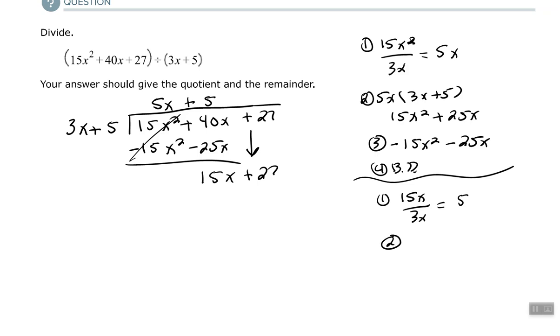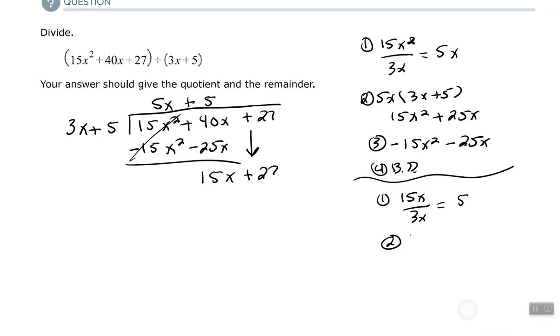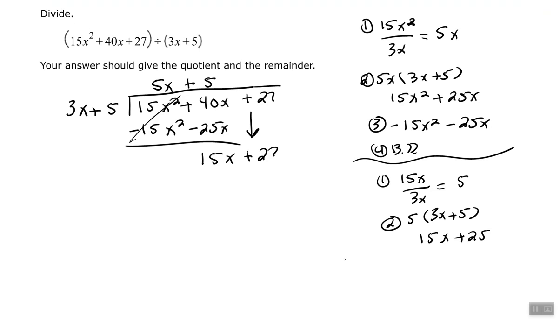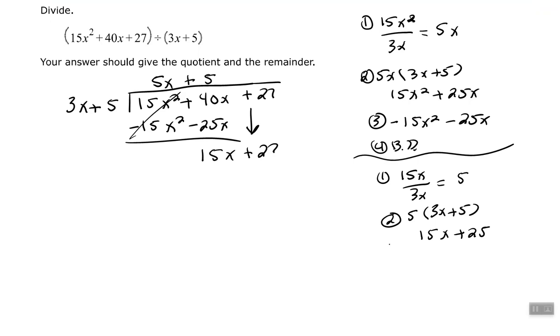Take that 5 and multiply it times the binomial on the outside. So that gives us 15x plus 25. And then remember that however you do it, you must subtract or change those signs.